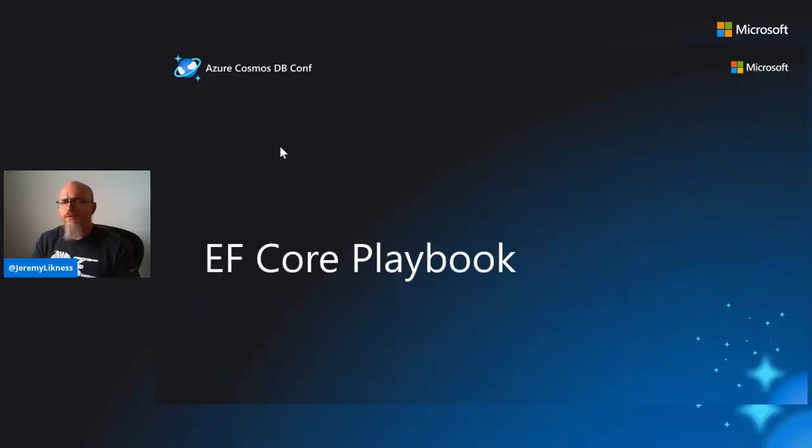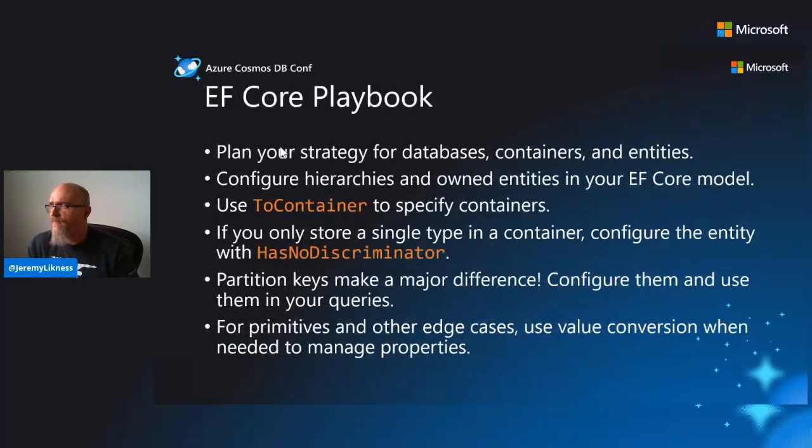So let's talk about the playbook, given the scenarios and some of the limitations and some of the ways that it can be configured. What should your top of mind concerns be when you're building an application with EF Core and Azure Cosmos DB? Well, like any application, regardless of what strategy you're using to access Azure Cosmos DB, you're going to want to plan your strategy for databases, containers, entities, and I'm going to skip ahead a little bit, but partition keys, right?